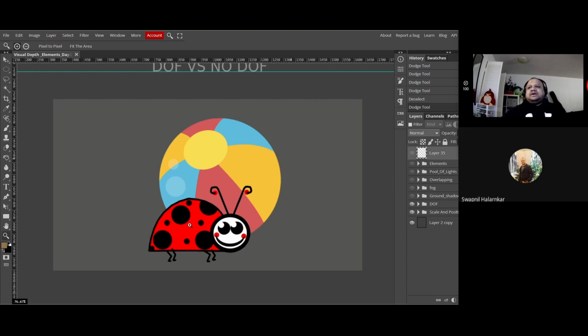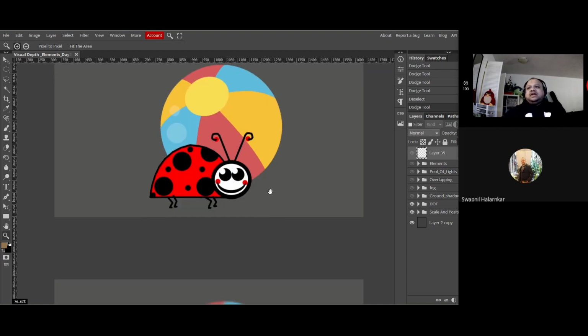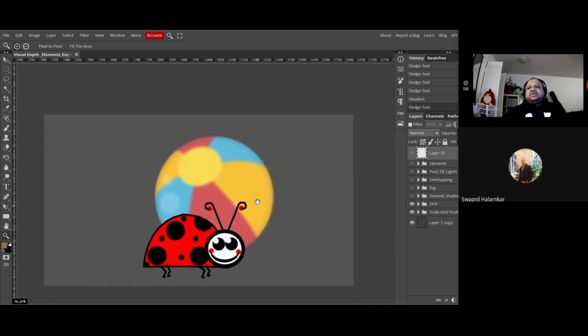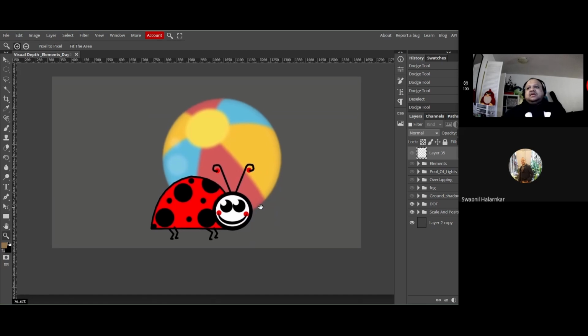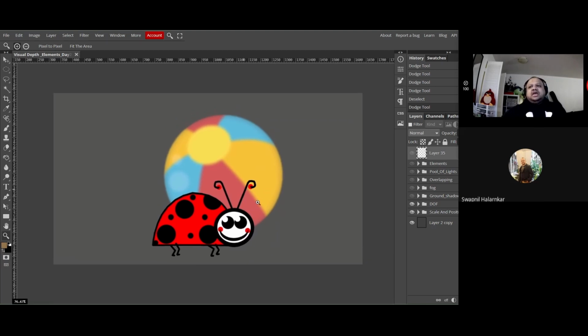So even though there is overlapping, we will feel some depth, but then defocus can help you in getting more depth like this. This is something which doesn't happen a lot in our eyes, but then it does happen in photography.